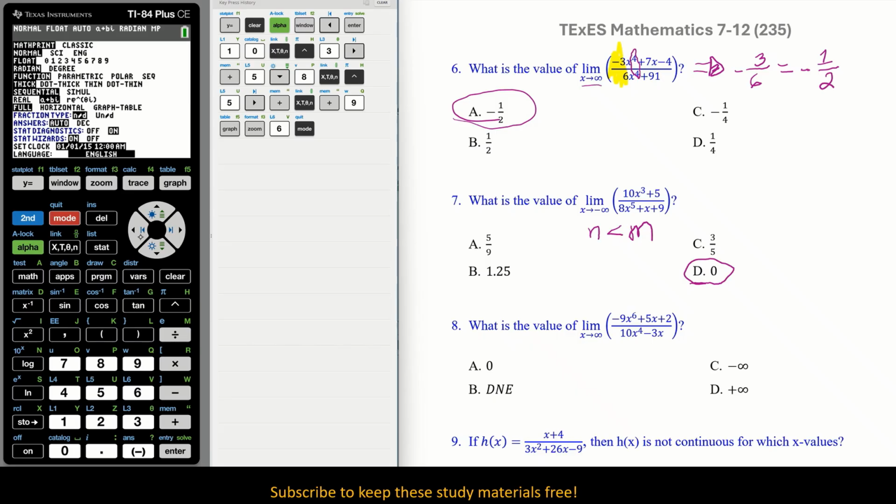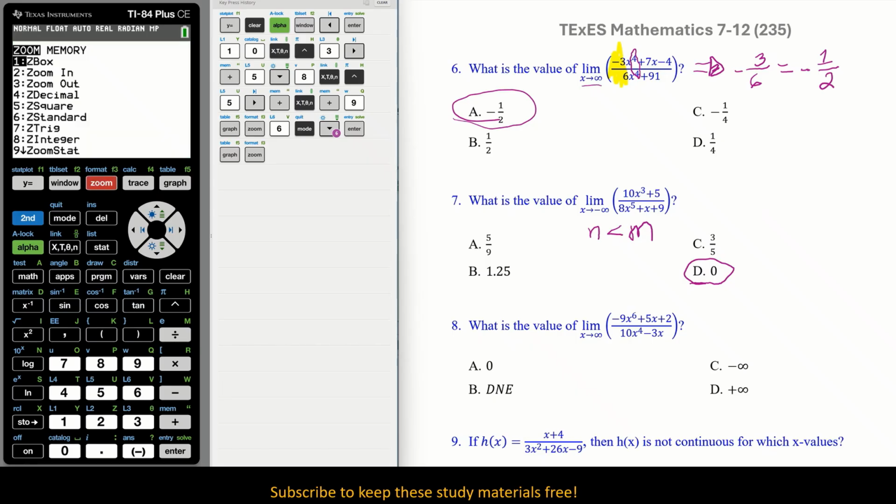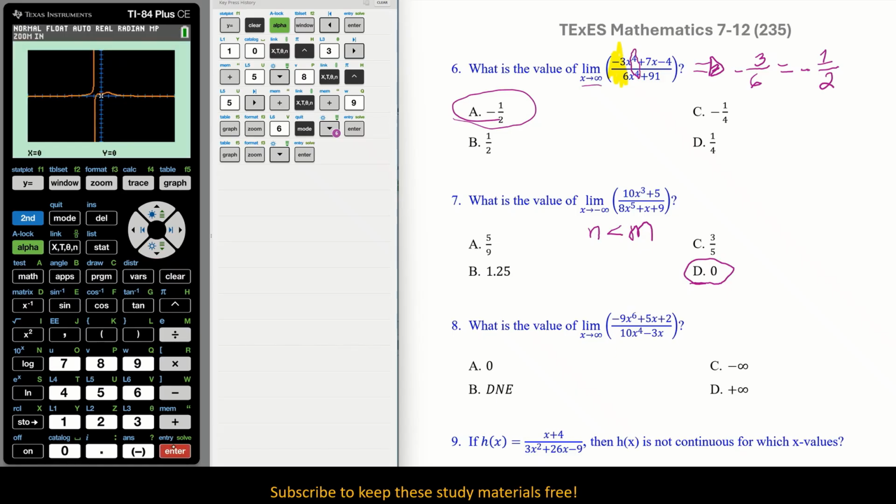I'm going to make sure I'm on real numbers. Enter, graph it again. Let's try zoom. I tried zoom 6, so let's zoom in, and you have to press enter twice. Okay, that's what I want to see.